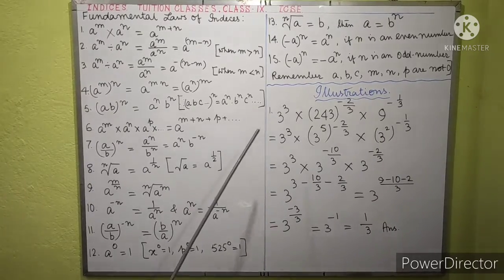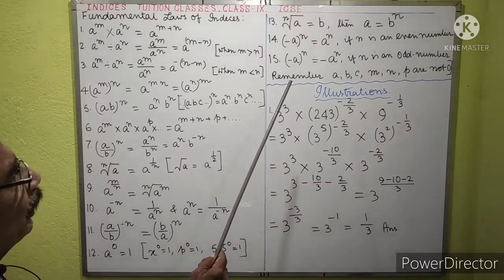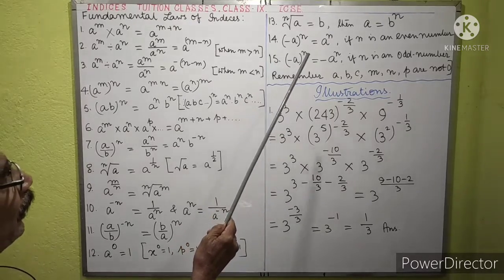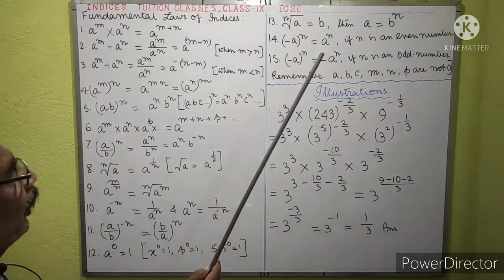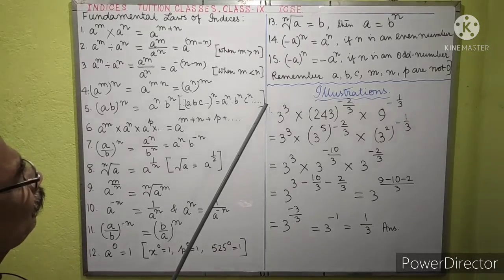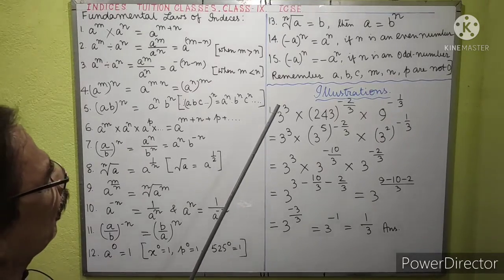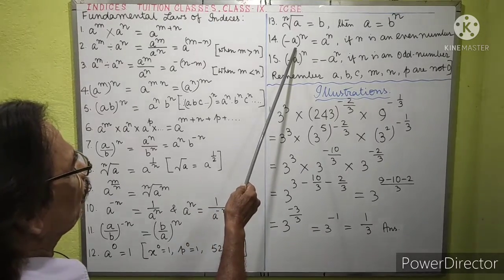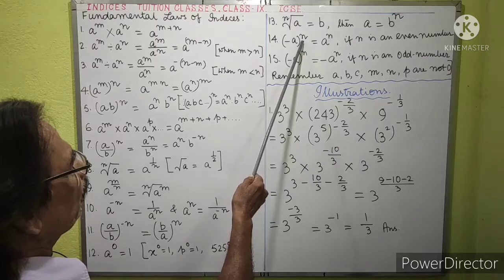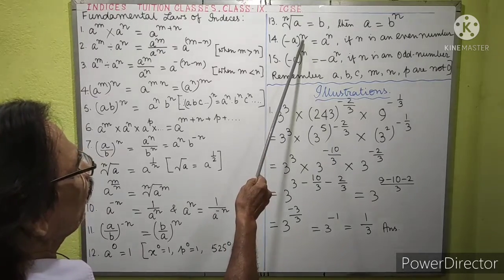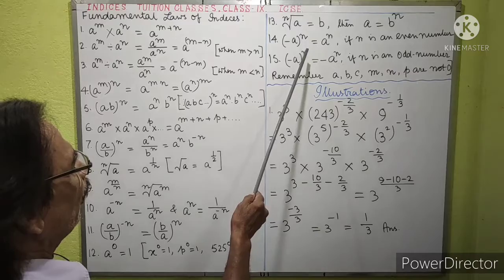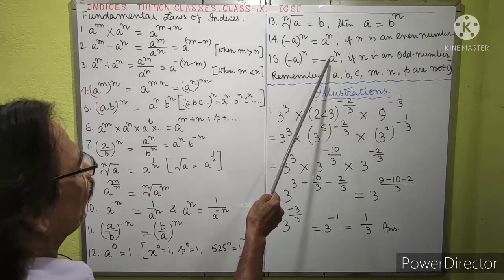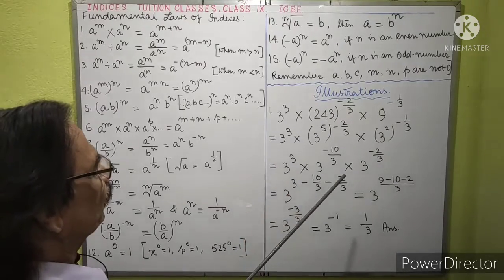Number 13, if nth root of a equal to b, then a equal to b to the power n. Similarly, minus a to the power n equal to a to the power n when n is an even number, and minus a to the power n equal to minus a to the power n, same, when n is odd.